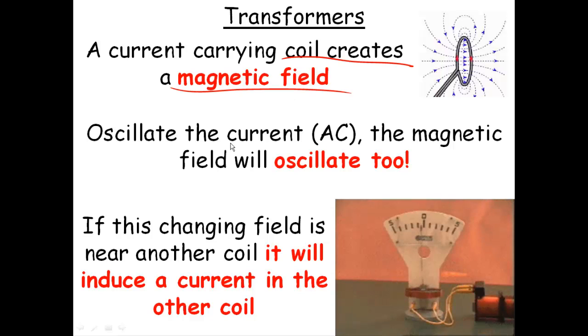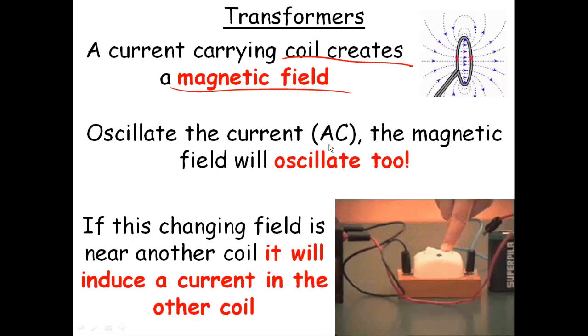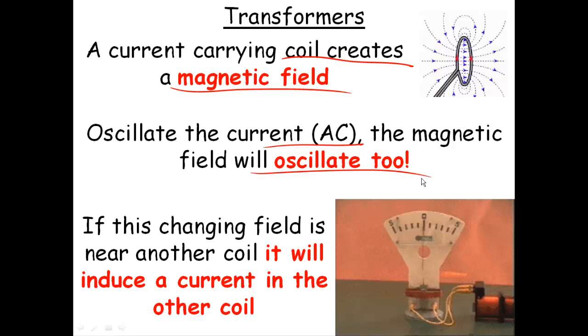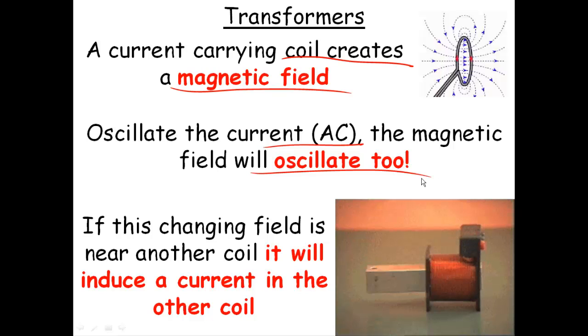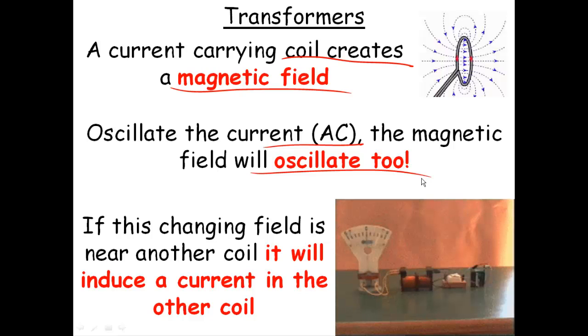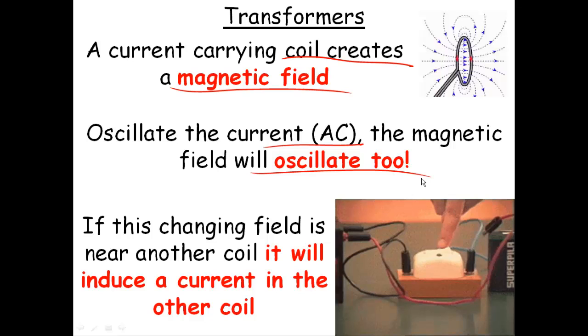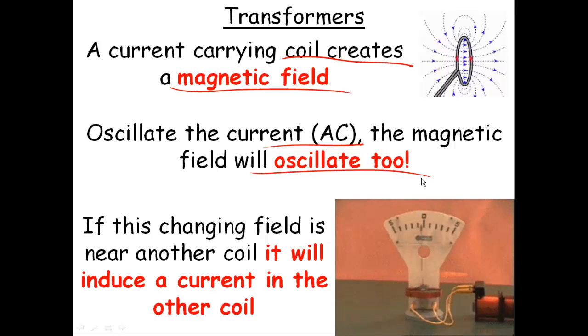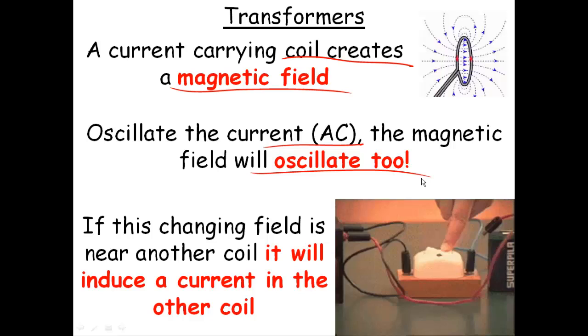So, if we were to oscillate that original current, in other words, alternating current, the magnetic field will oscillate too. And if this changing field is brought near another coil, it'll induce a current in the other coil. So one produces the other, and they don't even need to touch.